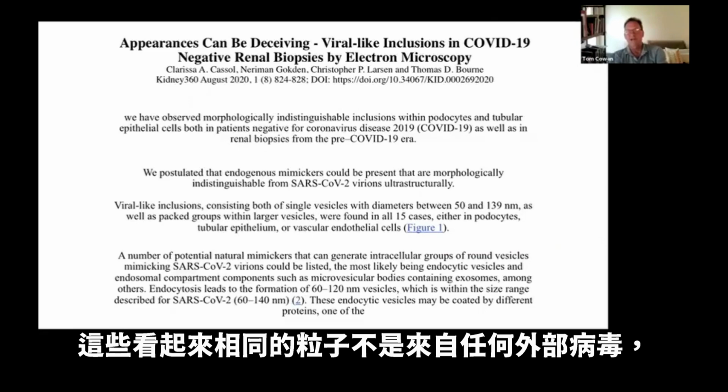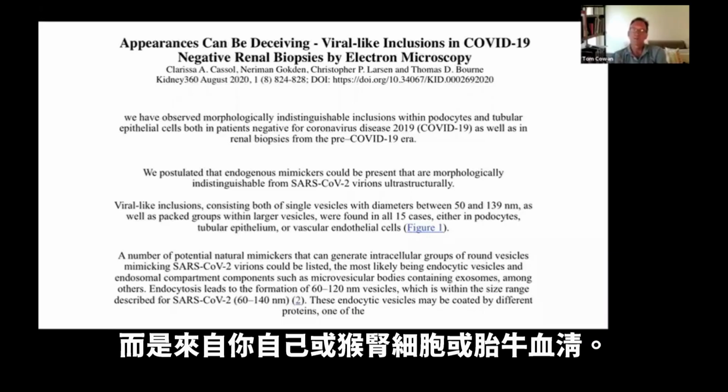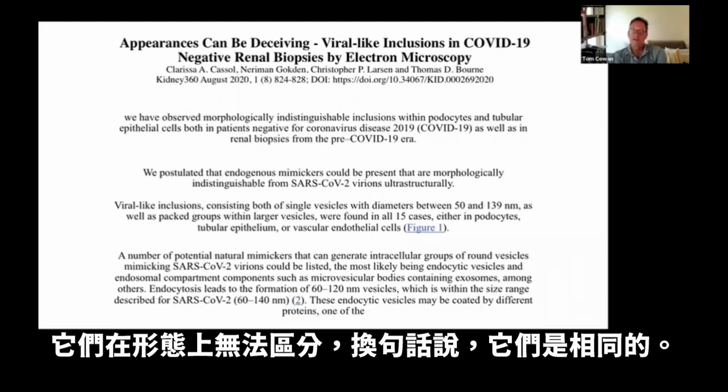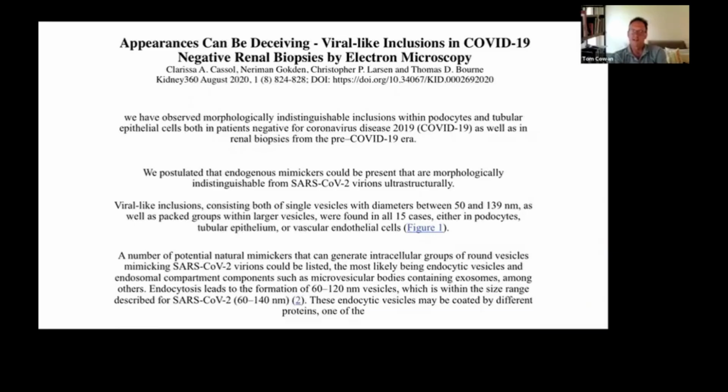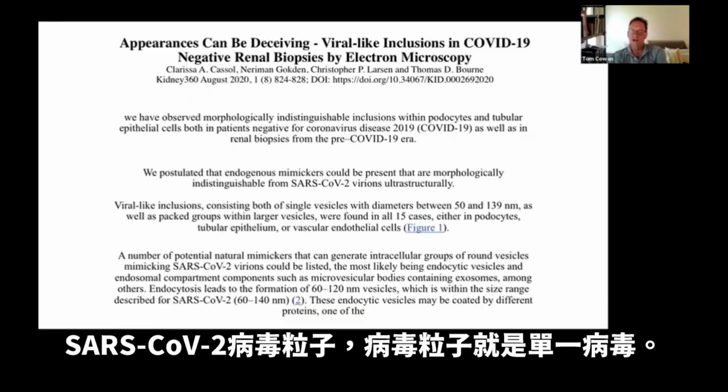These are identical looking particles that come not from any outside virus, but from you, or the monkey kidney cells, or the fetal calf serum. They are morphologically indistinguishable. In other words, they are identical. A virion is just one virus, so they are identical.